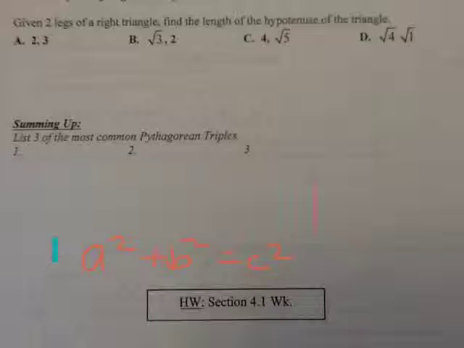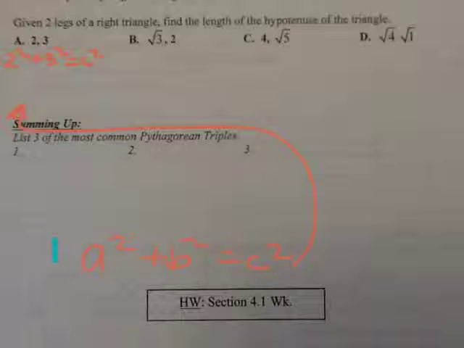So we're going to use this for section A, B, C, and D. We're only going to do a few together. So we look at A. And again, we are given the legs. So we're always going to plug these in for a and b, and it's always going to equal c squared.